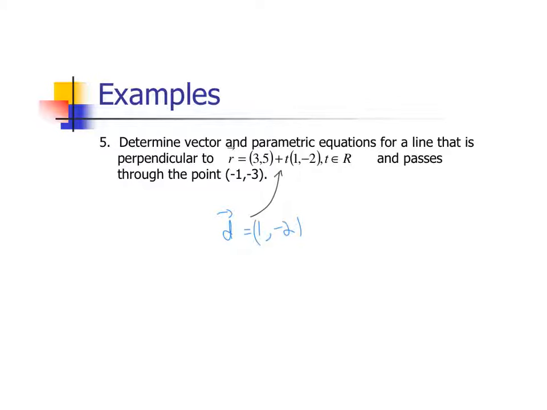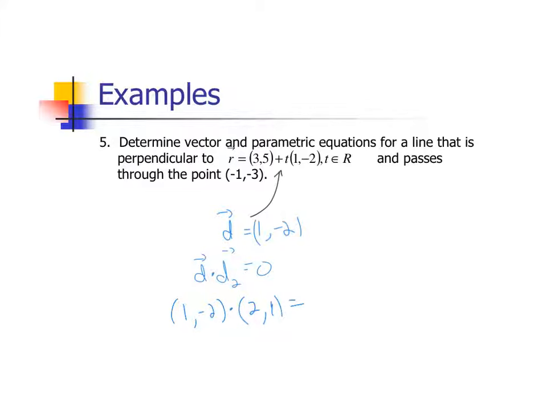So let's say we had another direction vector, d2, and if we wanted d2 to be perpendicular to d, we want it to be 0 when we dot them. So what is a vector that when we dot with 1, negative 2 gives us 0? And the quick way to do this is just switch the coordinates and change one of the signs, right? We've talked about this before.